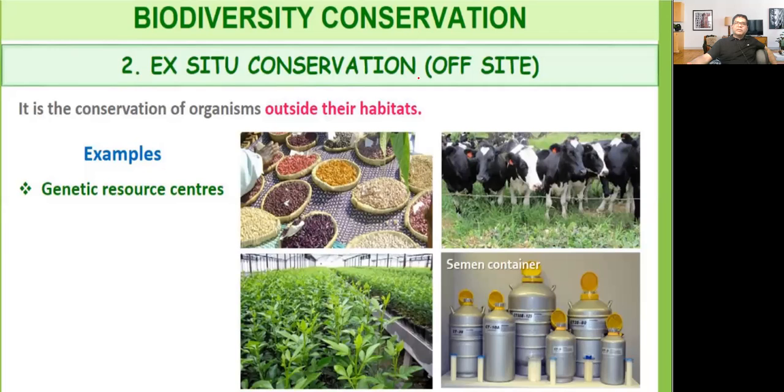Now, ex situ conservation or off-site conservation. It is the conservation of organisms outside their habitat. Example, genetic resource center. Here, there are different seeds, different varieties of animals, plants, and semen containers also.